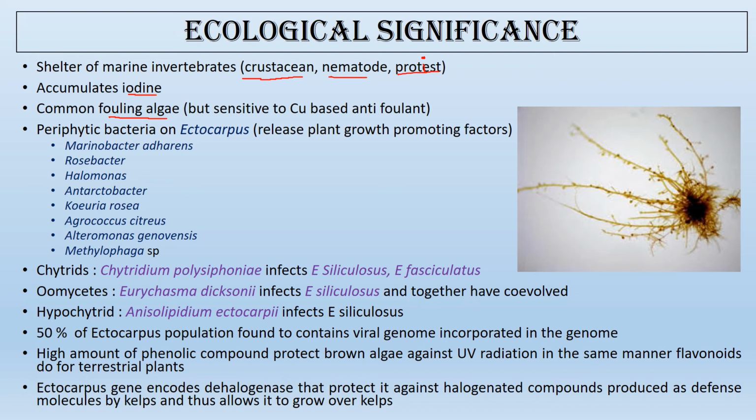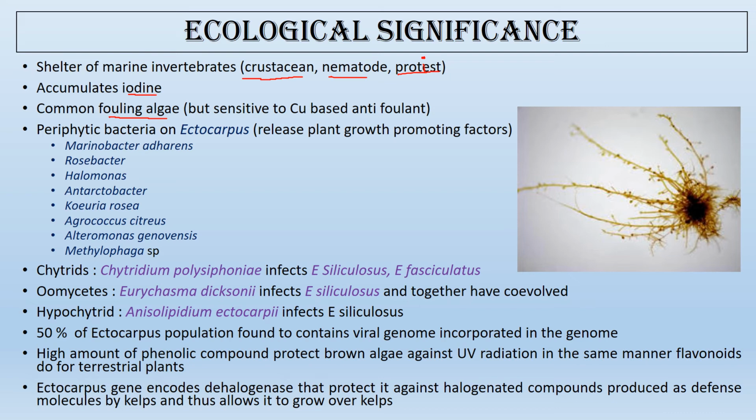We must be aware that barnacles are the major foulant of ships and boats, but among algae, especially Laminaria and Ectocarpus, they are also very invasive, and they act as a foulant on ships.